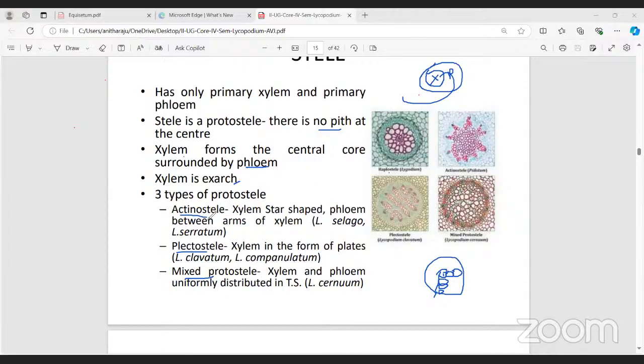Another type is actinostele. In actinostele the xylem is star shaped. The name itself, actino, means star shaped.